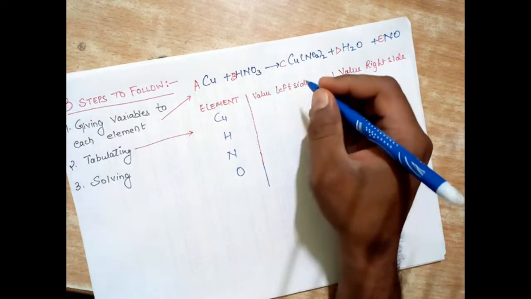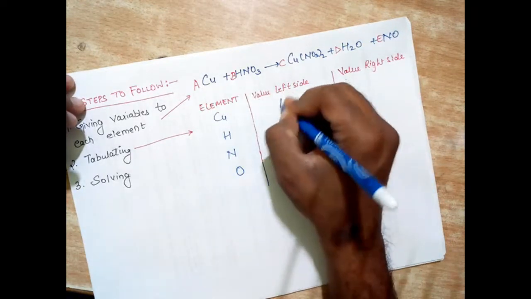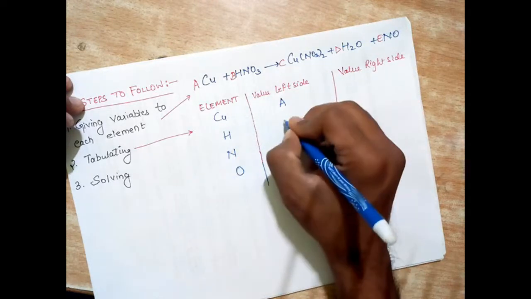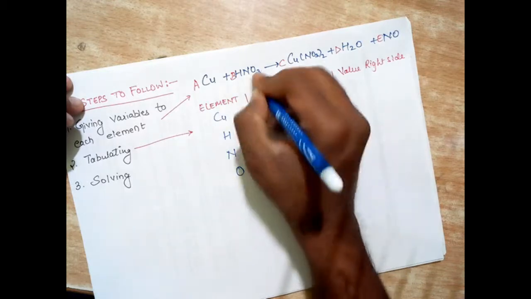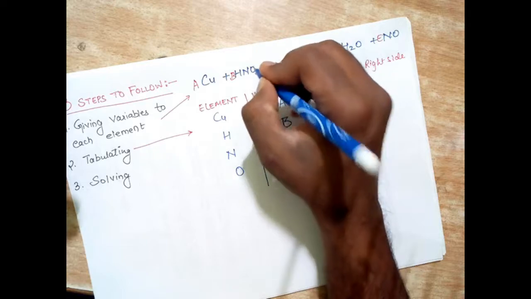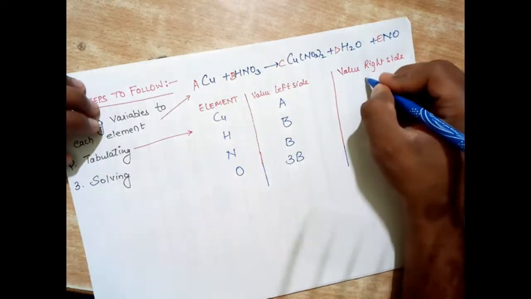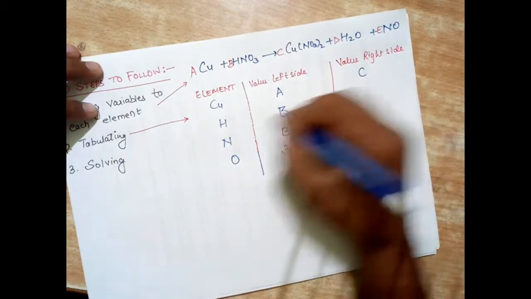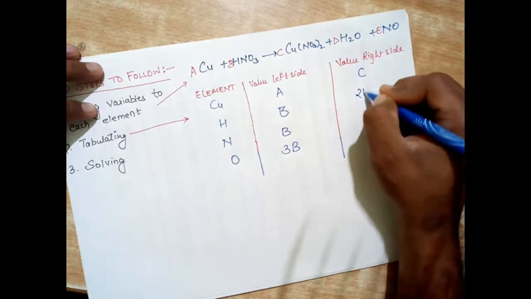Let's start calculating the values. On the left hand side, the value of copper is A, and H is B. N is also B. O is 3 times B, as you can see, oxygen is present 3 times B. Over here, copper is C. Then hydrogen is 2D because it is present only in this element.